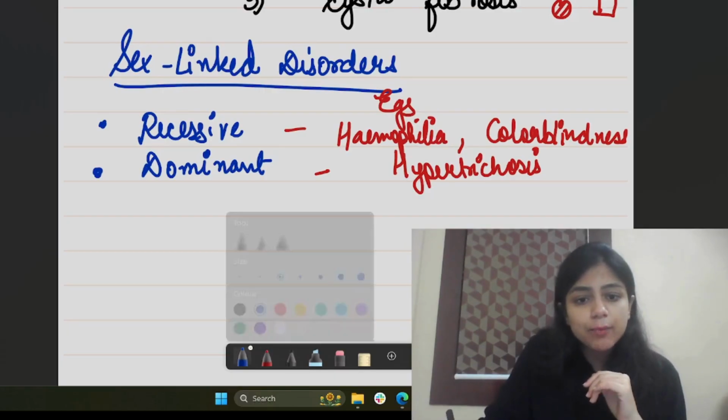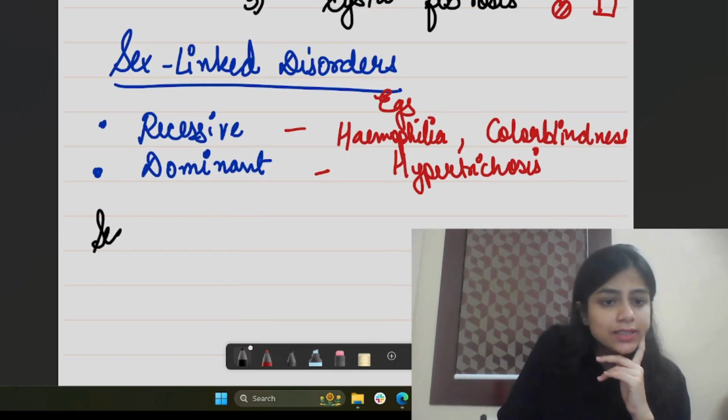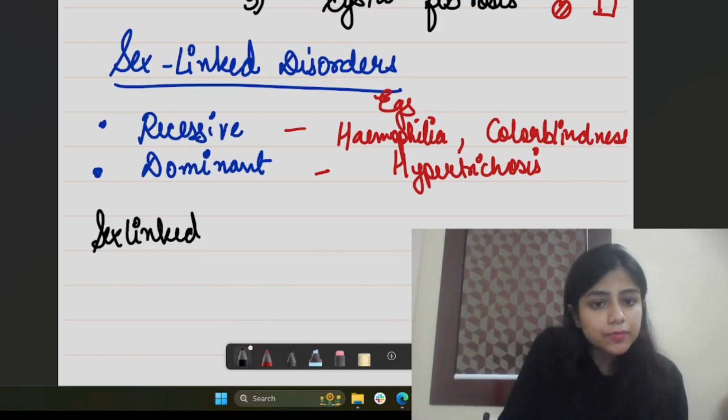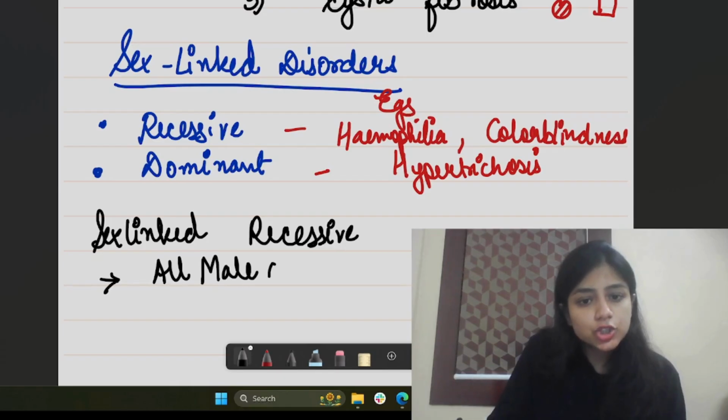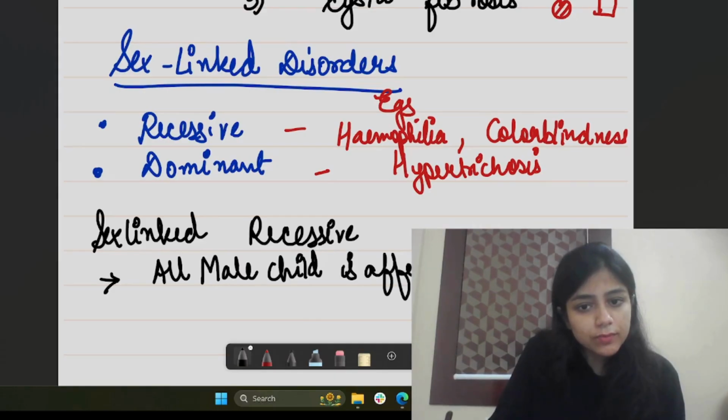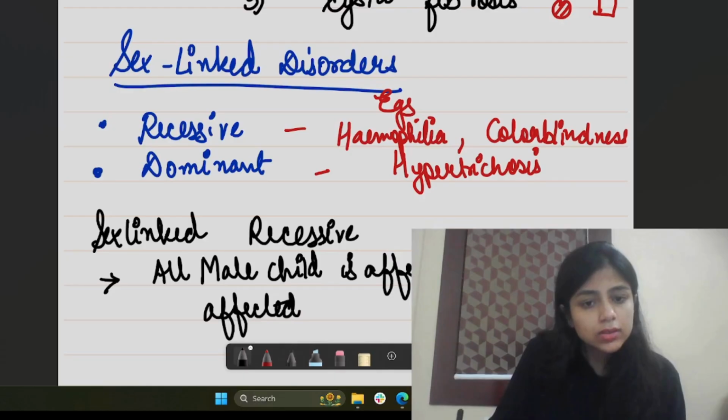Now let's take an example of the sex-linked recessive. What you need to know in a sex-linked recessive disorder is, number one, all male children are affected from an affected female.